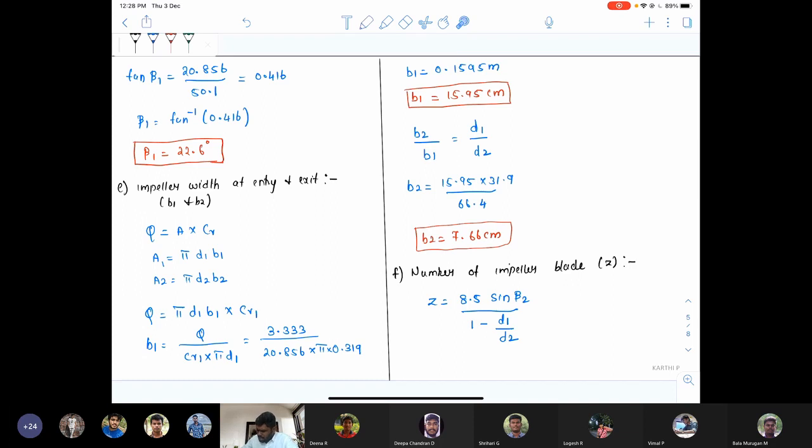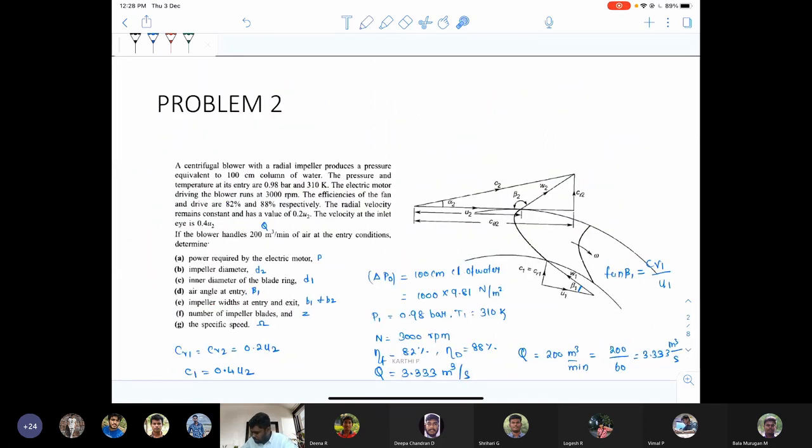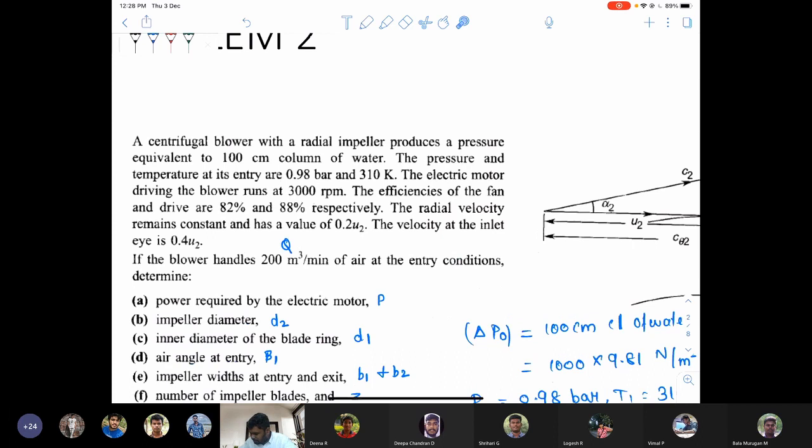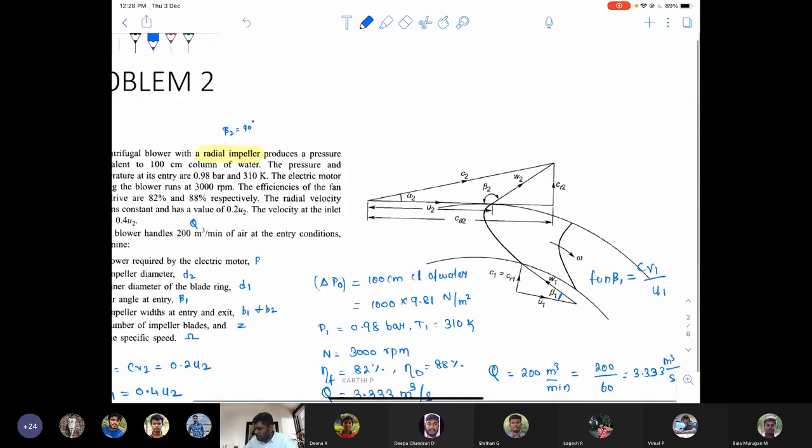Here in the question, you can see a centrifugal blower with radial impeller. The impeller being used is a radial impeller, and therefore the angle beta 2 will be equal to 90 degree.